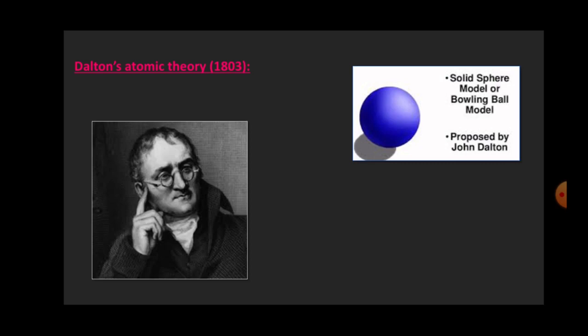physical and chemical properties. Now John Dalton proposed the theory which is known as Dalton's atomic theory, and he said that the atom is a solid sphere, or a bowling ball model. This was given by him.